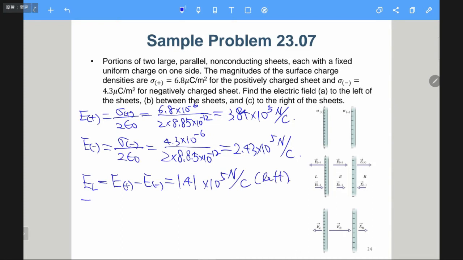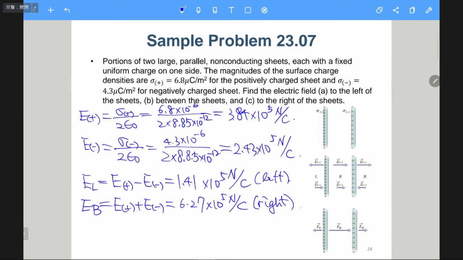Okay, for E between, this part, E plus points to the right side, E minus points to the right side. So we have E plus plus E minus, so it will be 6.27 times 10 to the fifth power Newton per Coulomb to the right side.